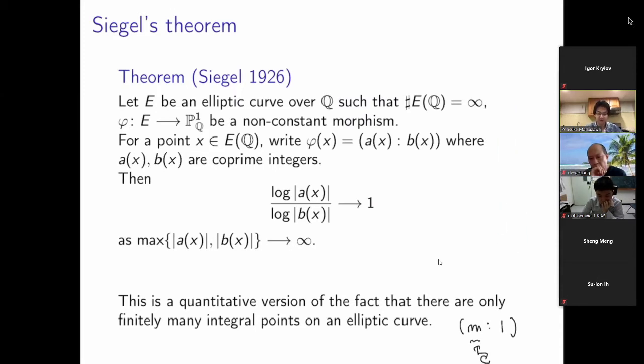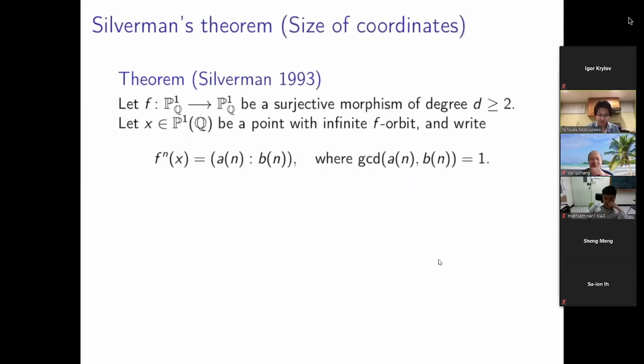It is often the case that if we have a theorem on an elliptic curve or abelian variety, we can consider the dynamical version of this theorem. Actually, Silverman proves a dynamical version of this theorem, a dynamical version of Siegel's theorem.